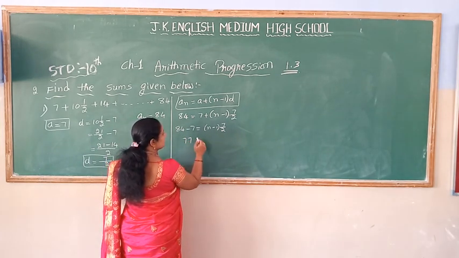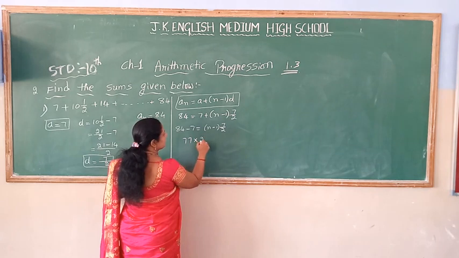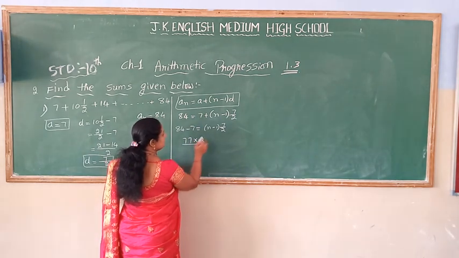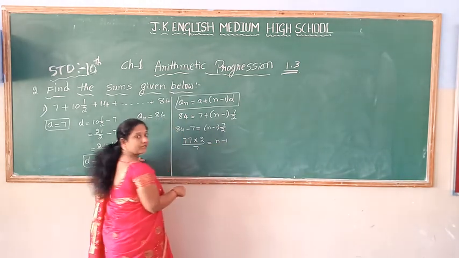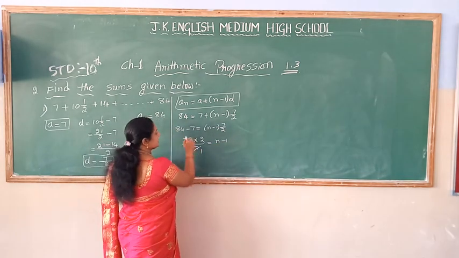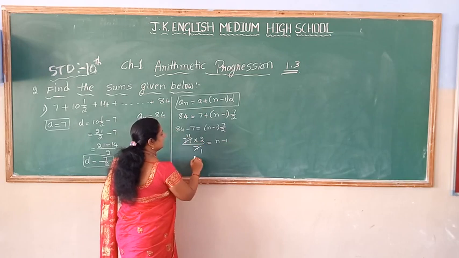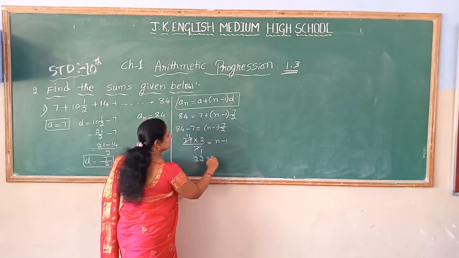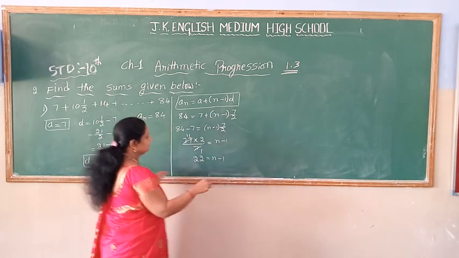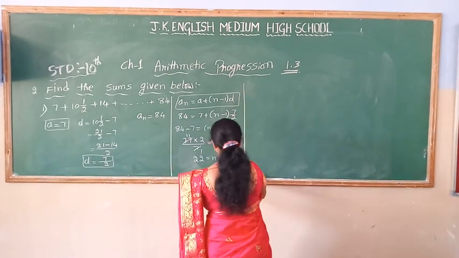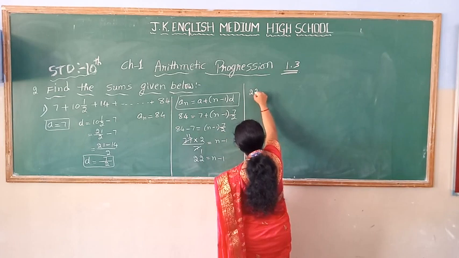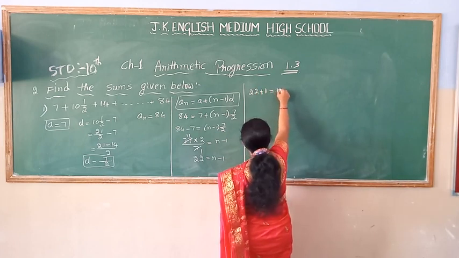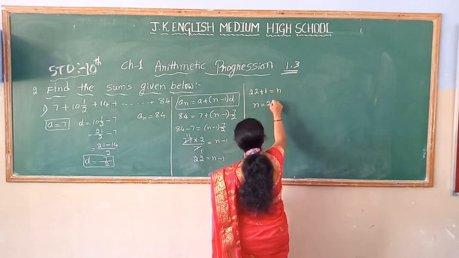If you cross multiply, 2 goes here and 7 comes in the denominator. It is equal to n minus 1. 7 elevens are 77, 11 twos are 22, is equal to n minus 1. Then the minus 1, if I take it to this side, becomes plus 1. So I got the n value as 23.